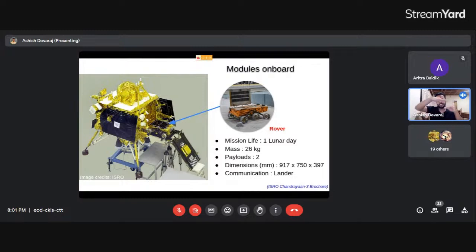The rover was placed on this black ramp-like structure, which was folded, meaning it was vertically upright while it was in the lander. Once the lander landed and the ramp deployed, it came horizontal, and then the rover slowly moved through the ramp and went to the surface.